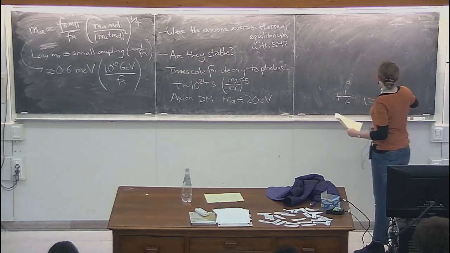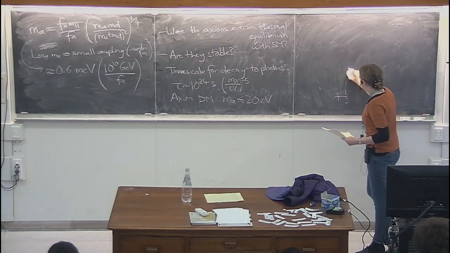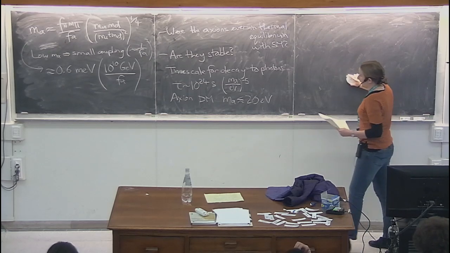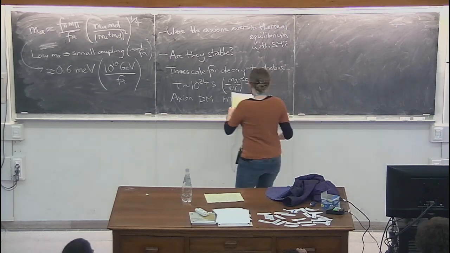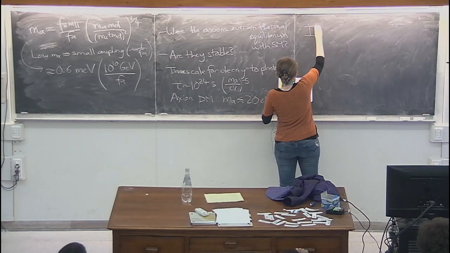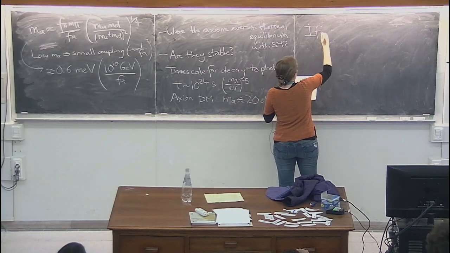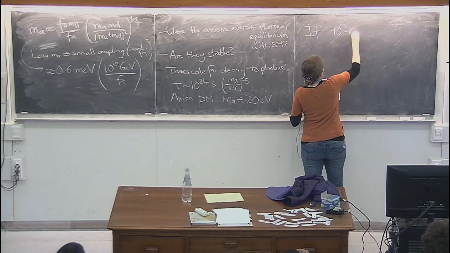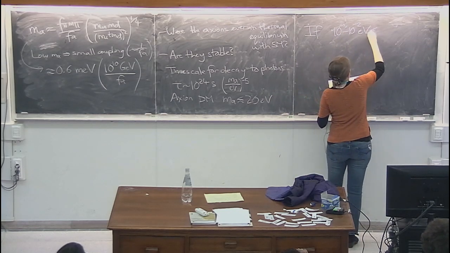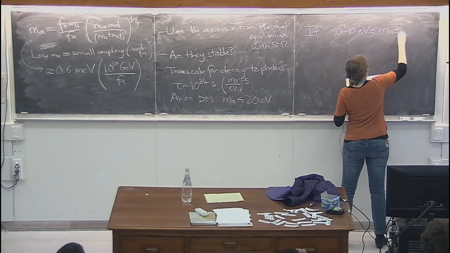So what you find then is that if axions are about in this range, then they're a viable contributor to that 1% of dark matter that could be hot dark matter.